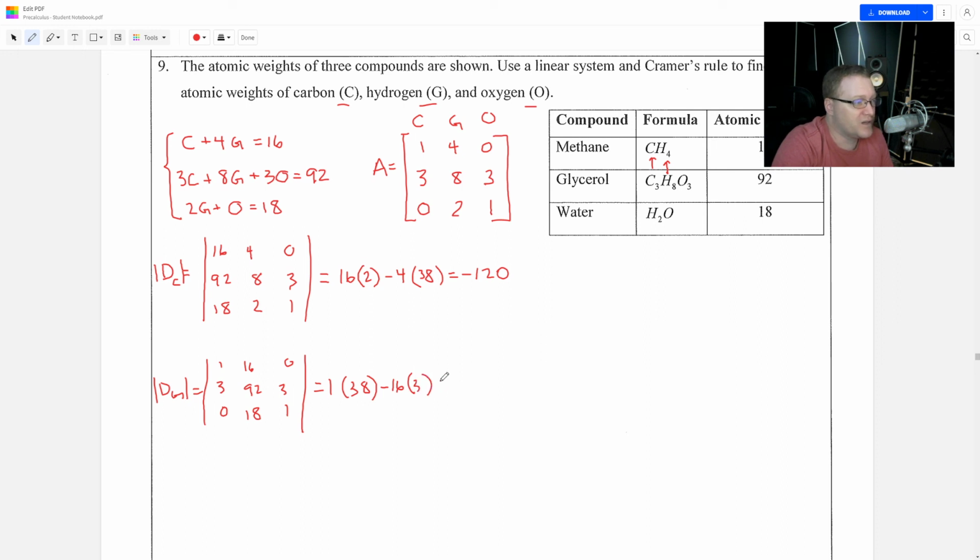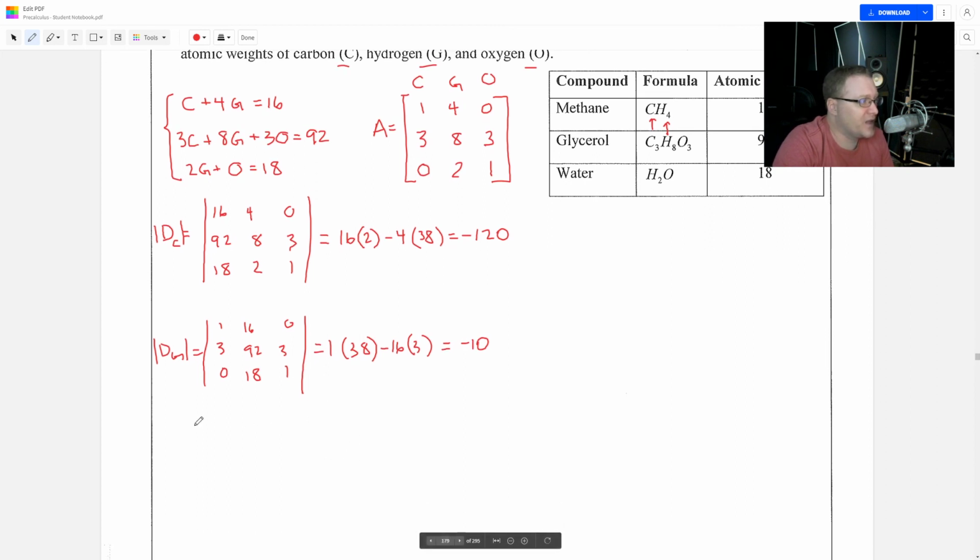All right, and then we're going to plus, and we have 0 here again, so we don't need to worry about that. So we're just going to keep that out. And we're going to have 38 minus, now that's 18, 48? Yeah, 48. 38 minus 48, which is negative 10. Okay.